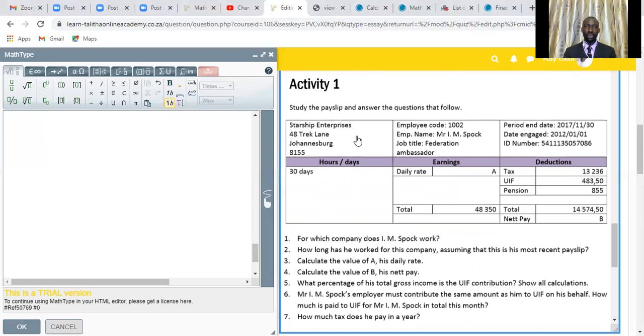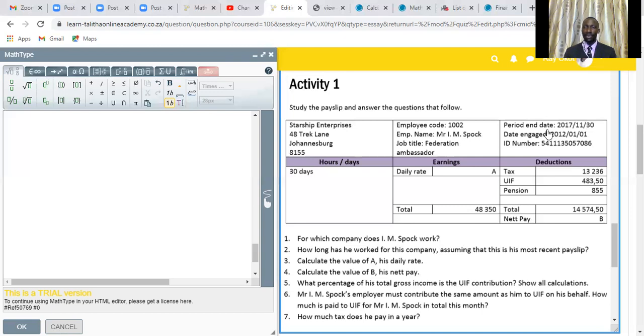This first section, we have Starship Enterprises, 48 Trek Lane, Johannesburg, 8155. Then here we have the employee code. The employee name is here, Mr. I.M. Spock. Then job title, Federation Ambassador. Here we have a section for period and date.